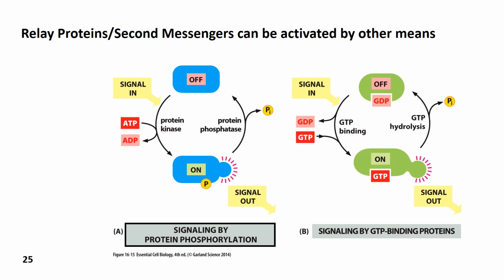Specifically, phosphorylation of tyrosines, as we've already noted, by the SH2 and PTB domain being very common. And the other is signaling by GTP binding proteins, or G proteins, that are able to not only bind GTP and become activated by GTP binding, but are also able to hydrolyze GTP to GDP and thereby turn themselves off.